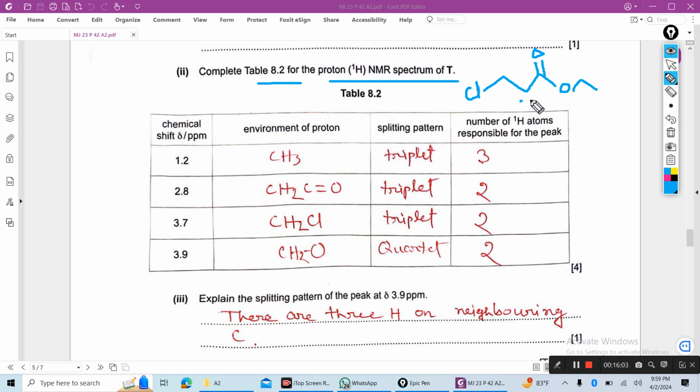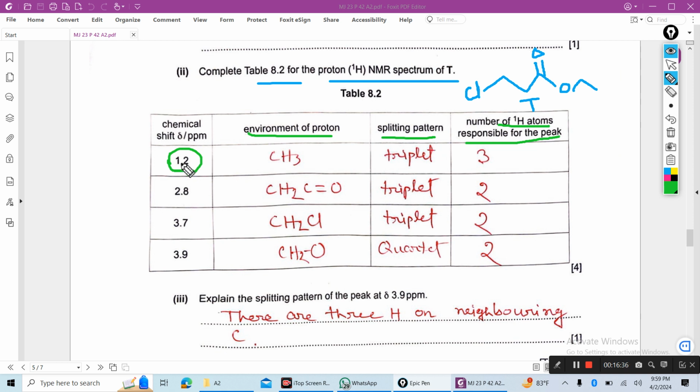Now you are asked for the environment of the proton at chemical shift 1.2, meaning which proton gives the 1.2 chemical shift, and the splitting pattern, meaning whether it will be a doublet, triplet or quartet. Then the number of hydrogen atoms responsible for this peak.